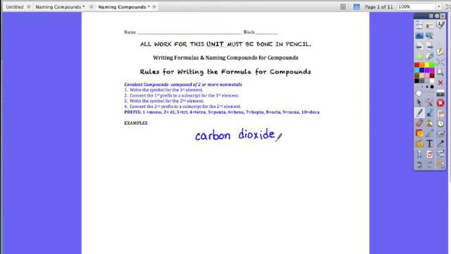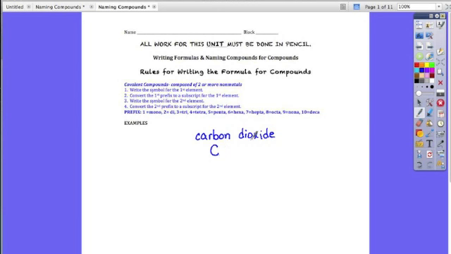Let's write the formula for carbon dioxide, which is also a covalent compound because both carbon and oxygen are nonmetals. Step 1, write the symbol for the first element, which would be C. Step 2, convert the prefix for the first element as a subscript for the first element. Since there is no prefix, we understand that the subscript would be 1. We never write the 1, it's always understood.